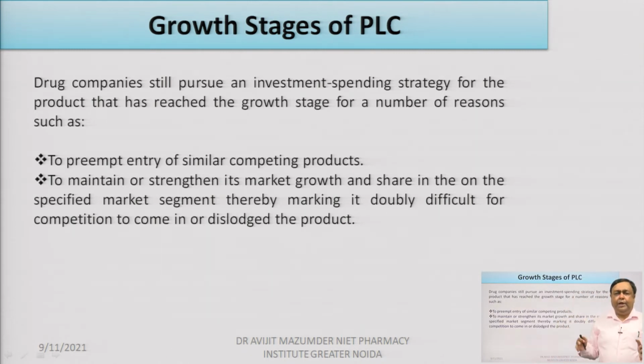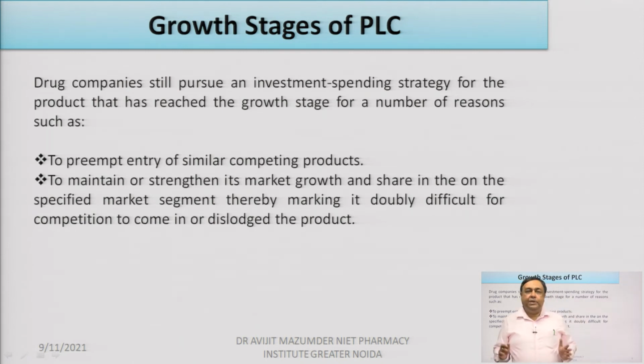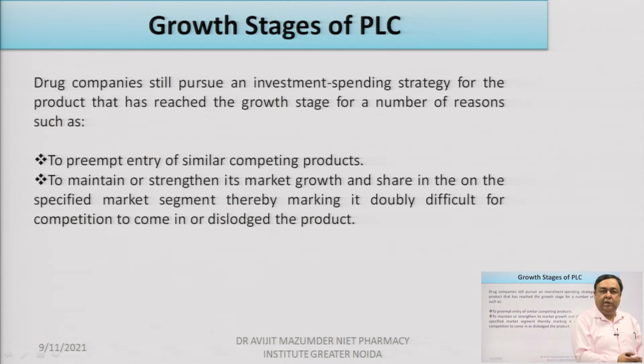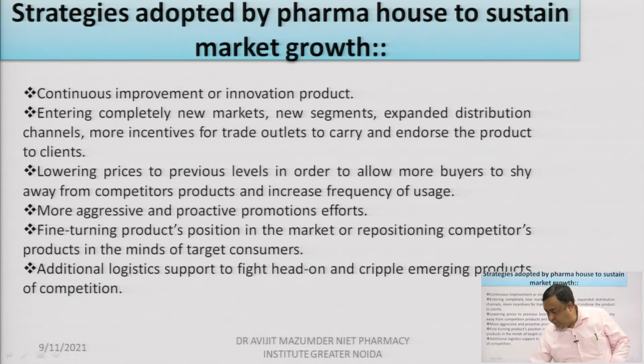They try to take all possible ways by which the competitors are not entering into their domain, not cutting down their profit, just to prevent the competitors from eating up their profit. They try to invest money for generation of awareness even in the growth phase.